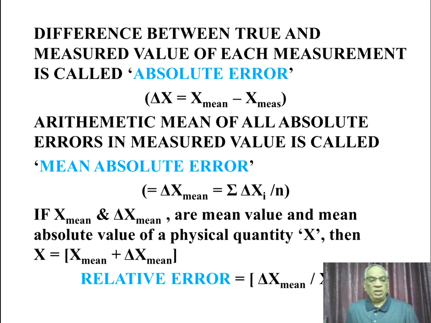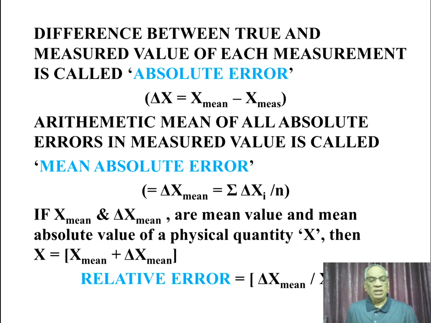Then we talked about the statistical mean value and the actual value. Then the measured value we also have, and the true value we want to get. So the measured value is there, and by doing a number of measurements, you get the mean value also. Suppose you have done 10 measurements, and you got x mean of the 10 measurements.